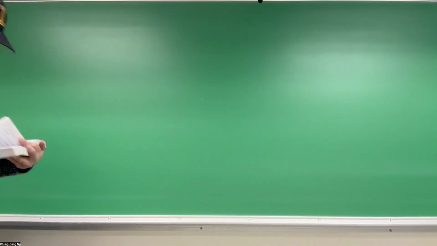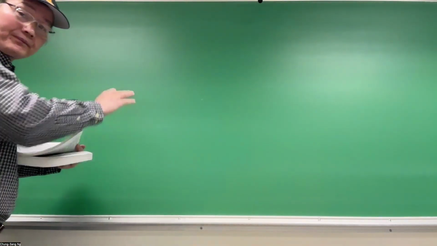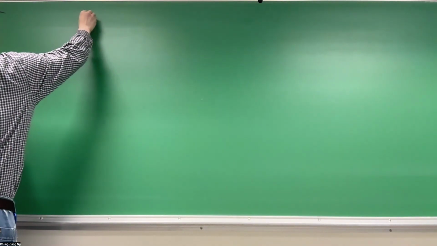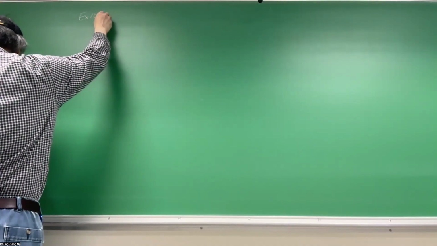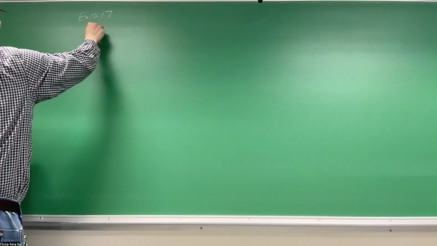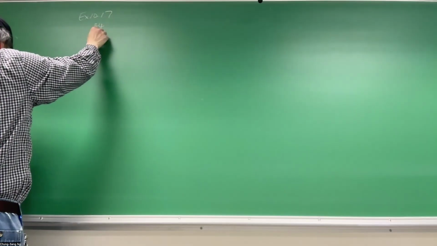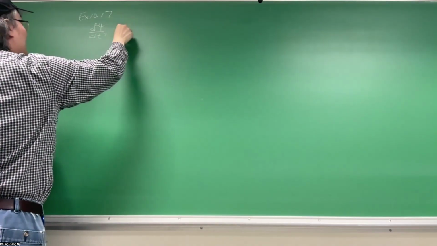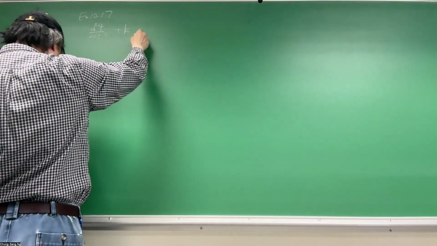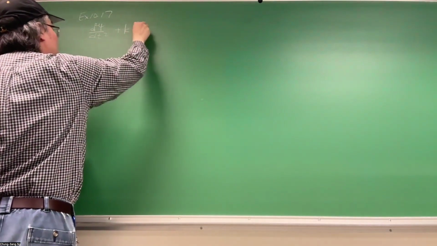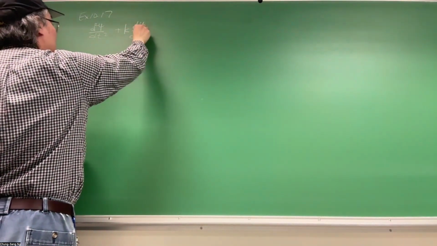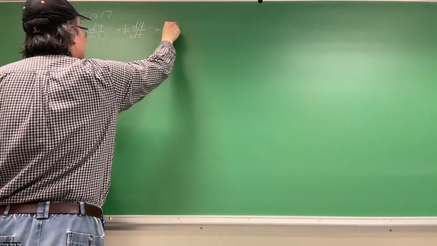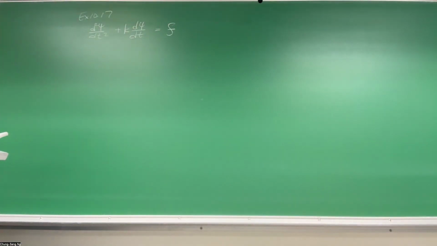Problem 1.7: d squared psi dt squared plus k d psi dt equals f.